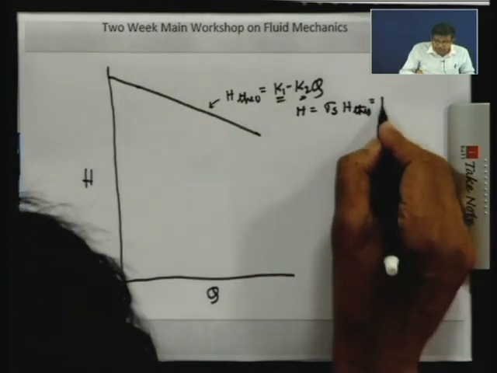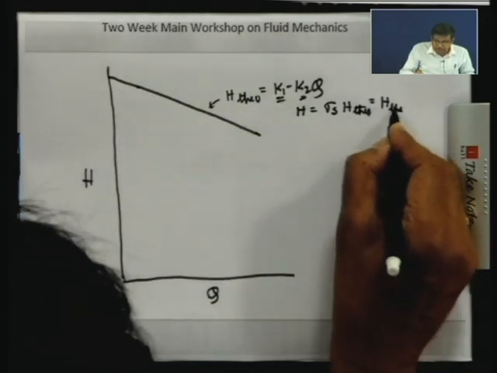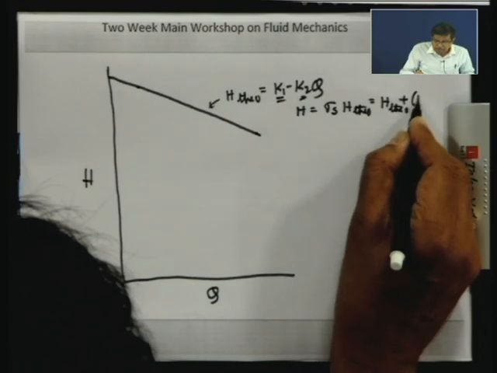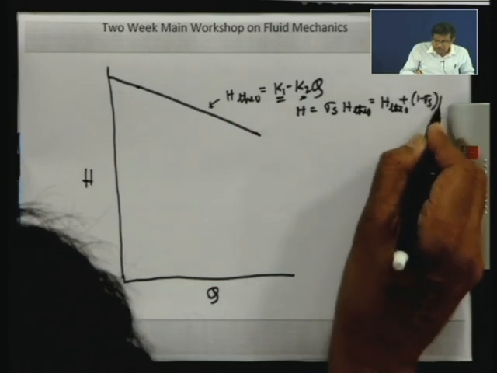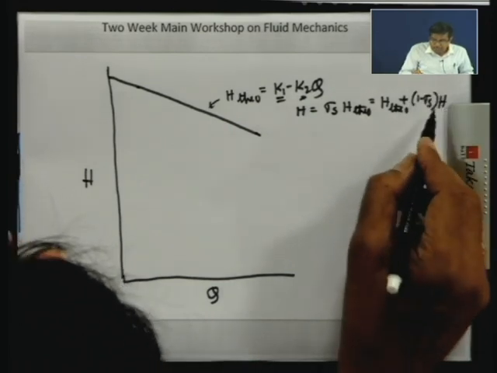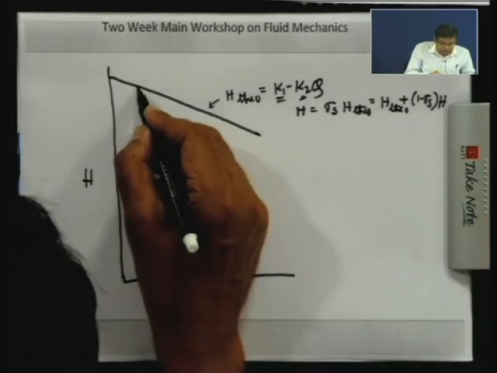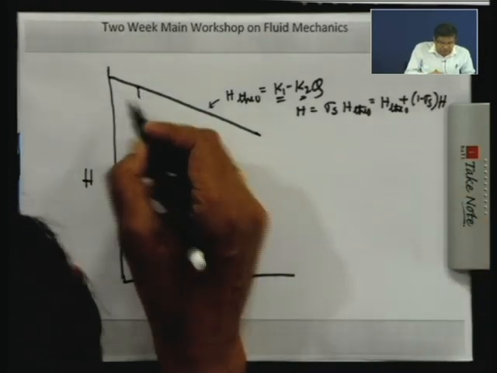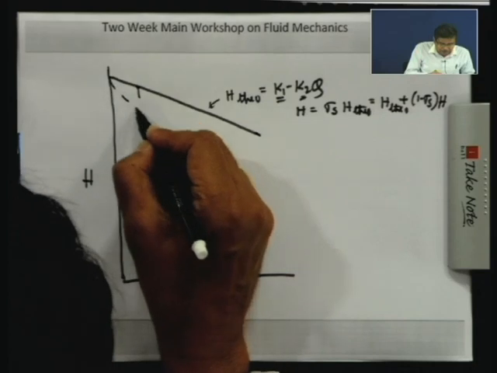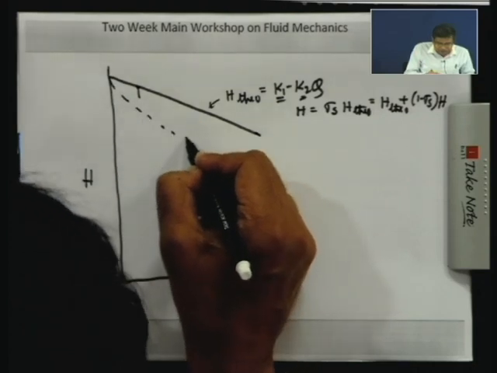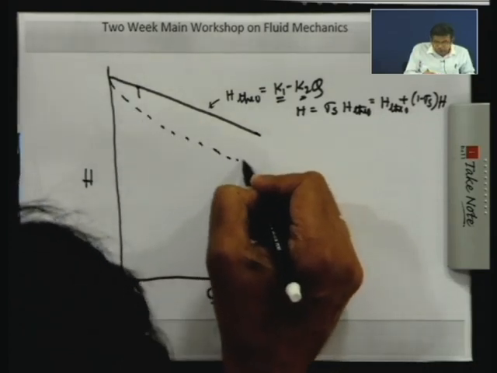That means this can be written as H theory plus 1 minus sigma s into H theory, so that we can deduct this 1 minus sigma s part from here and draw the curve, and moreover this slip depends upon the flow rate.